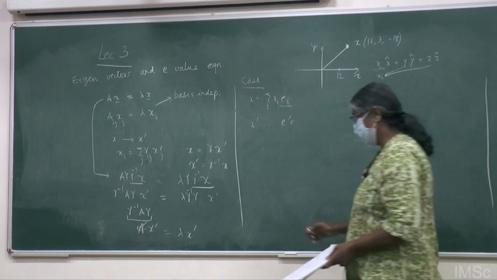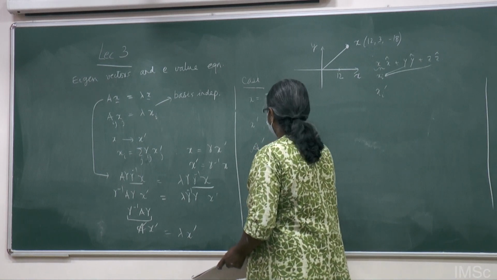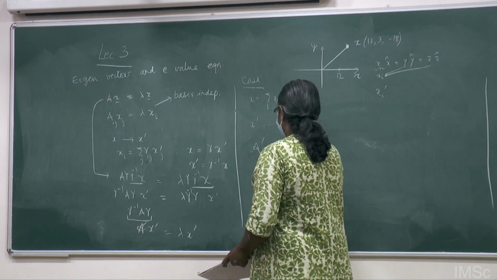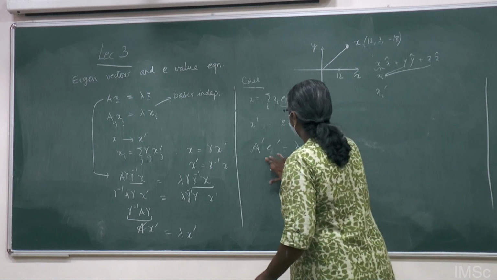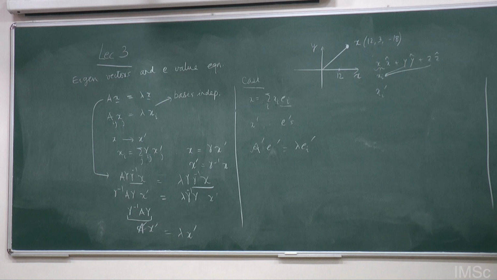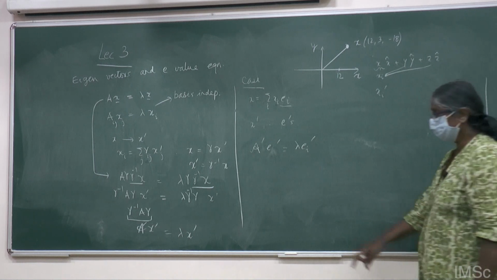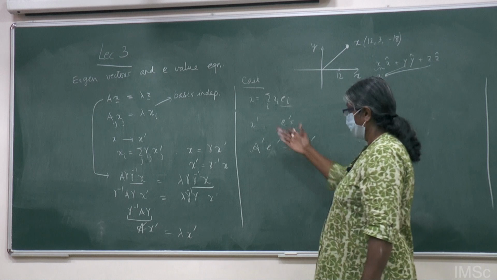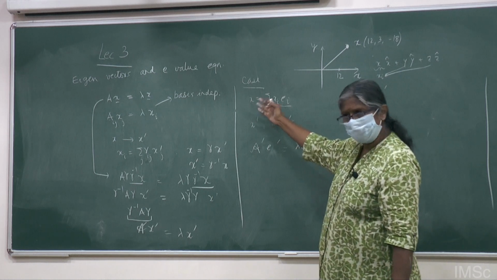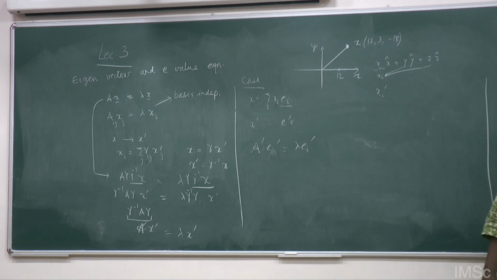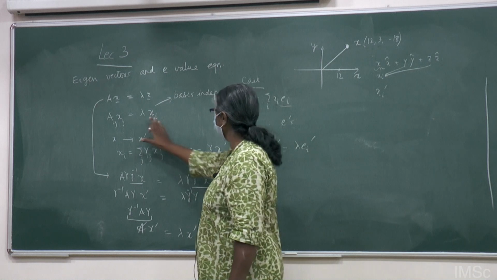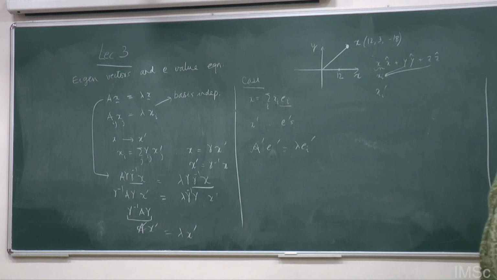That means I have an equation, A e_i prime equals lambda e_i prime, or A_ij e_j equals lambda e_i prime. Just as the set x1, x2 spans the space, even e1, e2 spans the space, and e prime 1, e prime 2 spans the space. So I transform from x to the e prime basis, which is a set of orthonormal basis vectors. Then you can see what is happening.